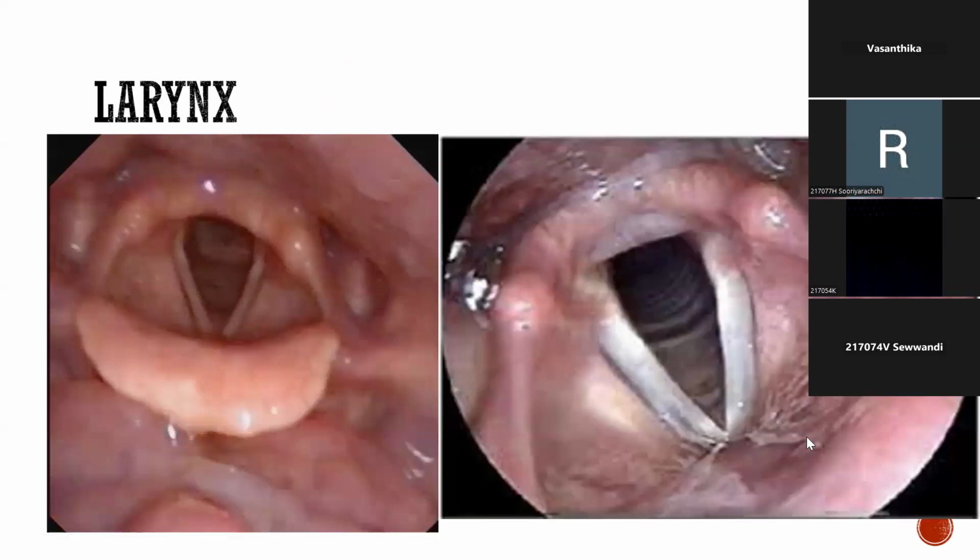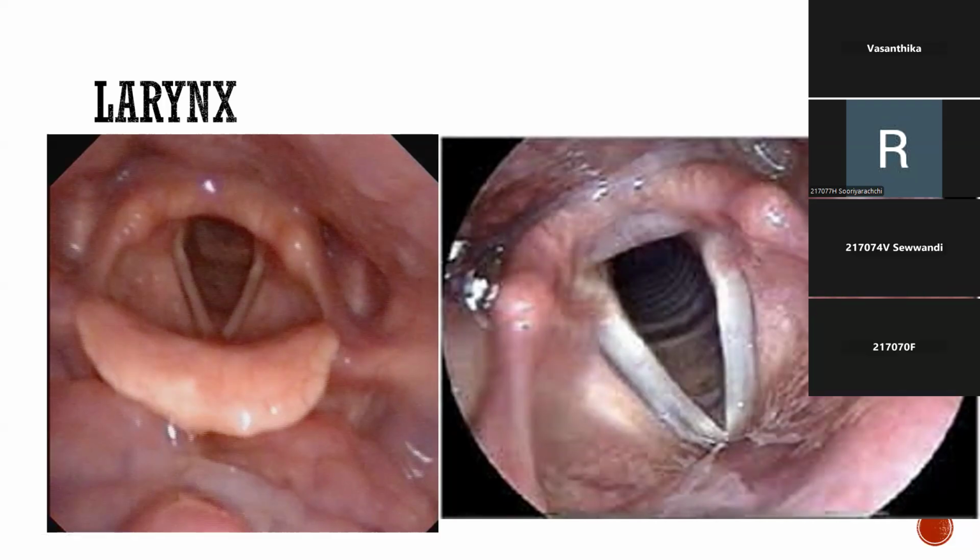So this is the picture of your larynx. I hope you have learned this, and if you have gone to an ENT appointment, you might have seen this. You can see here with my pointer the epiglottis, the true vocal cords and false vocal cords. This is the enlarged view.